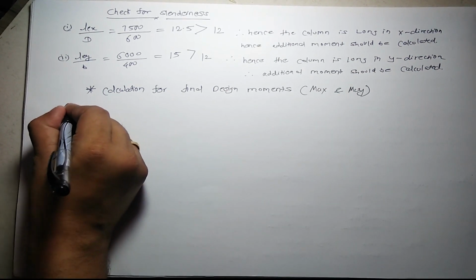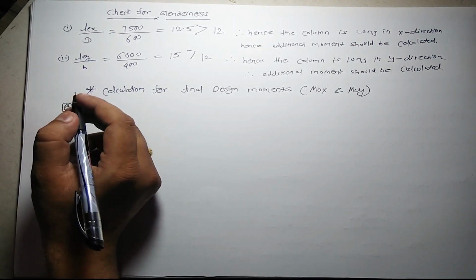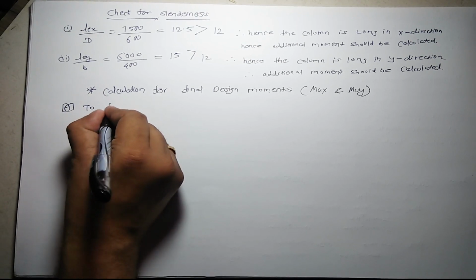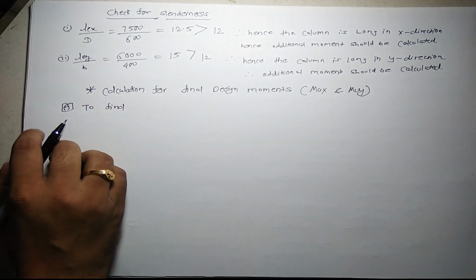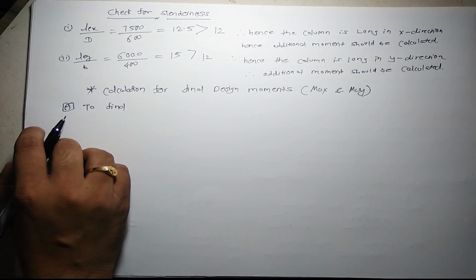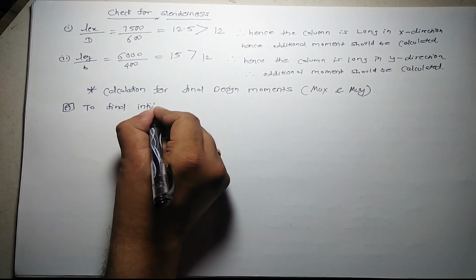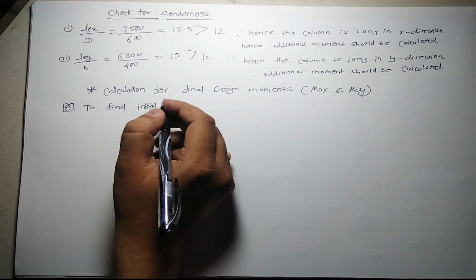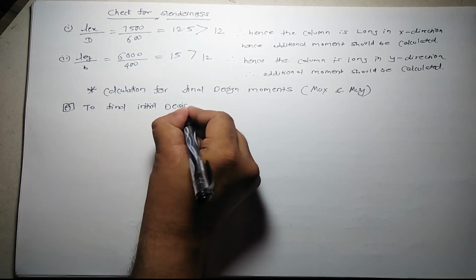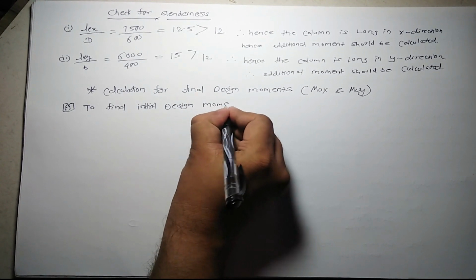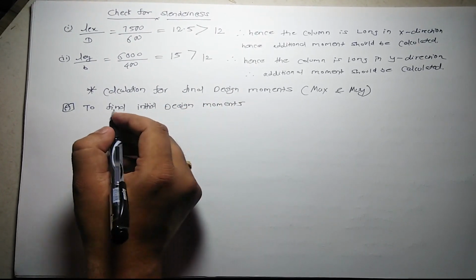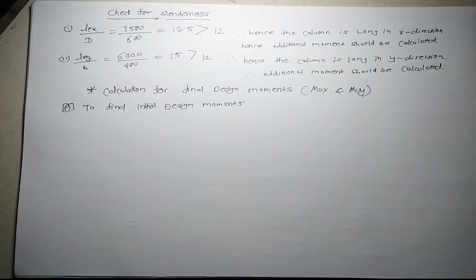Here there is a part A. Part A will be to find initial design moments. This is a very important step after the check for slenderness, and we need to very seriously check these parameters.